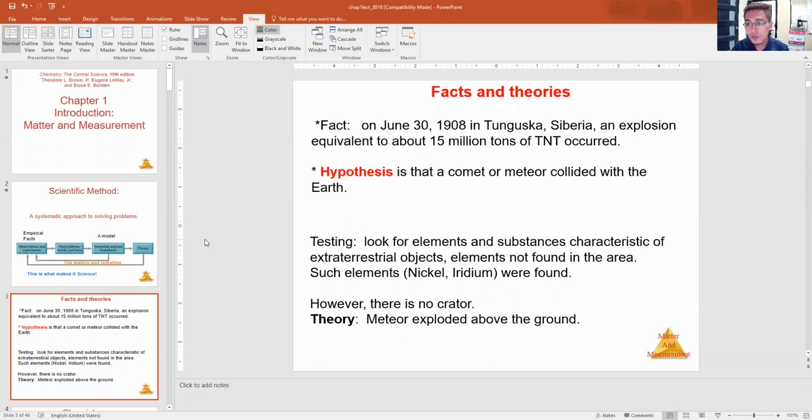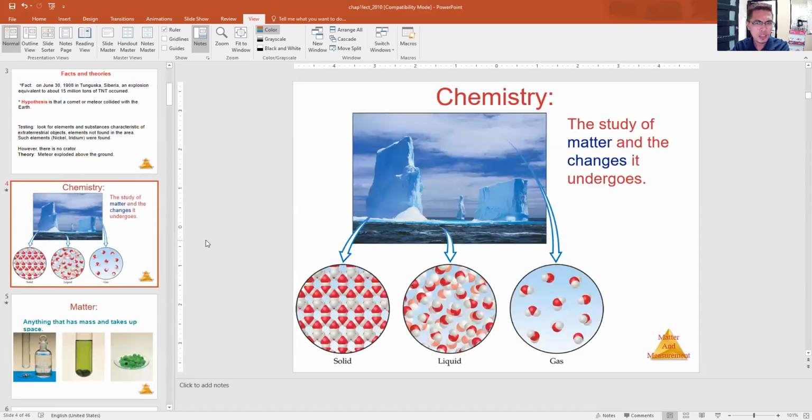However, there is no crater, which would be a sign that a meteor collided with the Earth. So the theory is that the meteor exploded above the ground, because there is no crater.